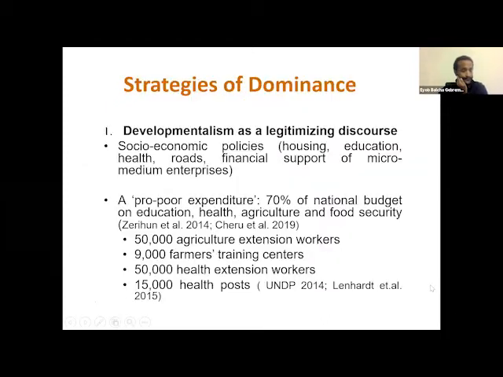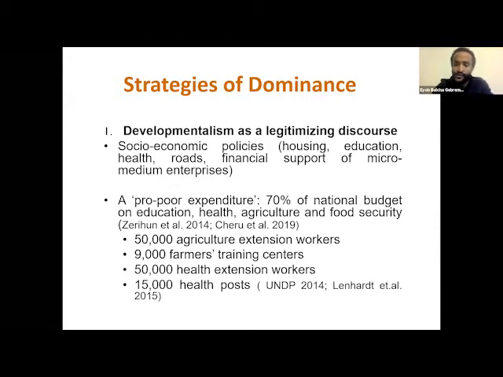Next slide, Tom. So I focused on three specific strategies of dominance. One is using developmentalism as a legitimizing discourse. The second one is about how the EPRDF managed to use legal maneuvering to boost its dominance.